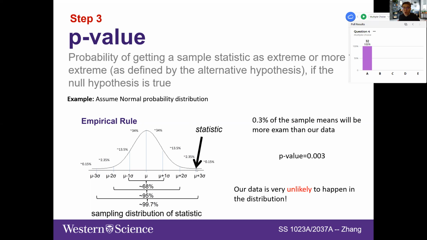After you agree with that, we can go to the next step, which is to compute the percentage. We sum up the percentage of data in this region and the percentage of data in this region, and you will get around 0.3%. So our p-value is exactly this 0.3%, because it is the probability, or the percentage, of getting a sample statistic more extreme than our current one.